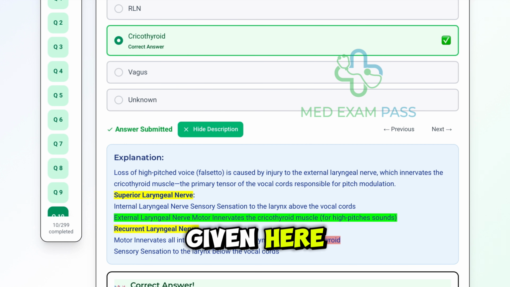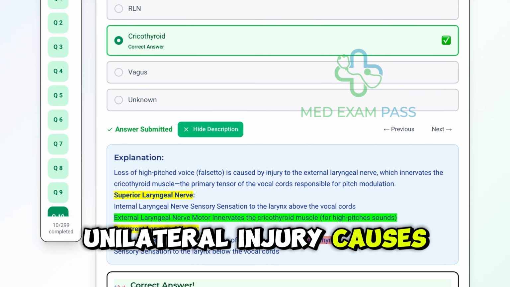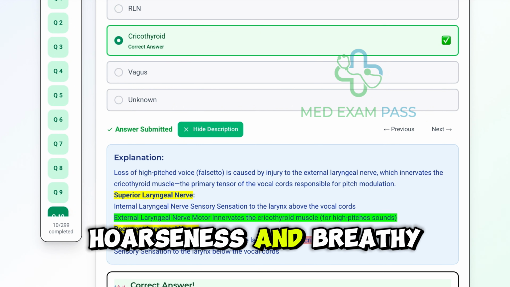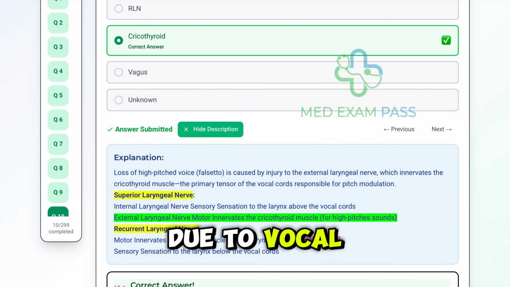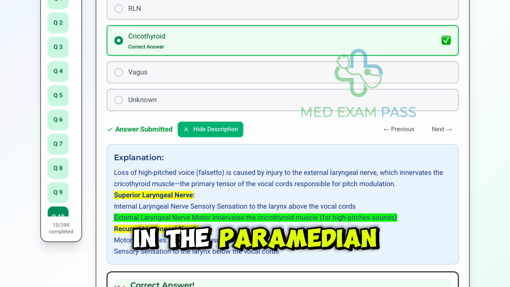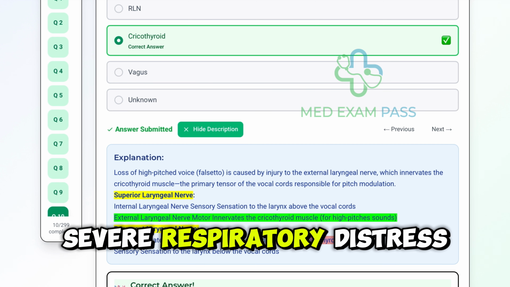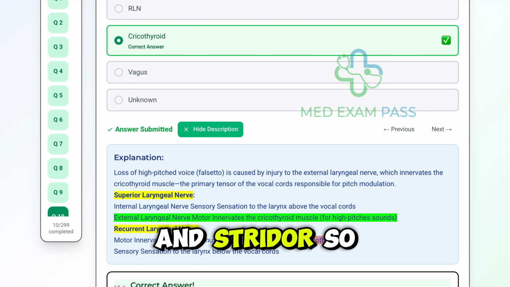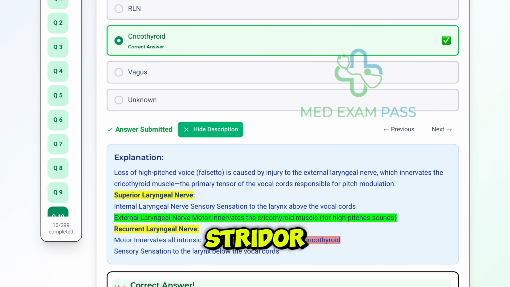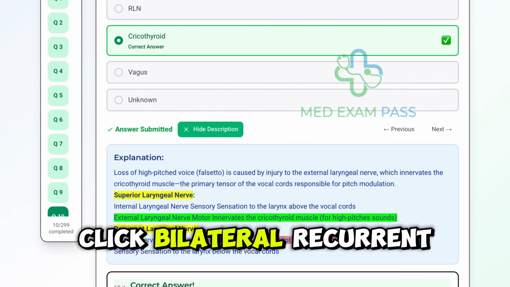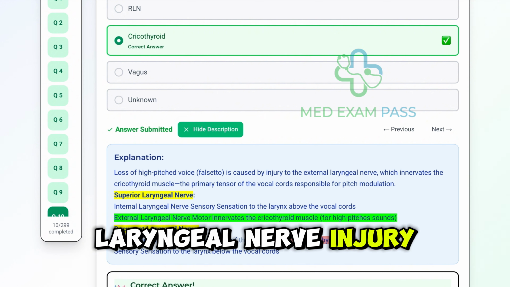Unilateral injury causes hoarseness and a breathy voice due to vocal cord paralysis in the paramedian position. But bilateral injury causes severe respiratory distress and stridor. So if a patient presents with stridor or severe respiratory distress, pick bilateral recurrent laryngeal nerve injury.